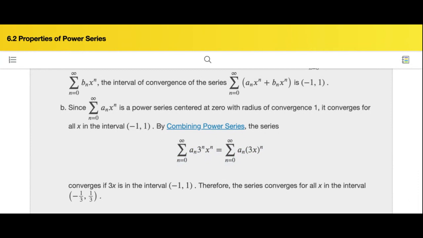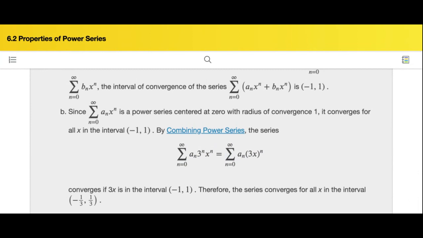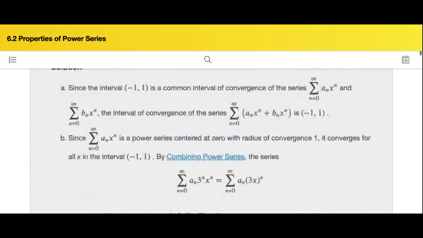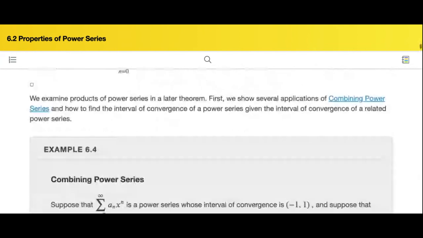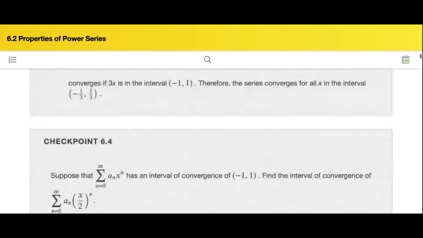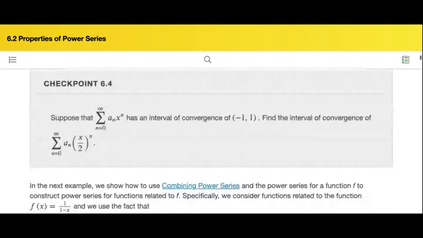All right, any questions? All right, so for these two examples, we just used combining power series.